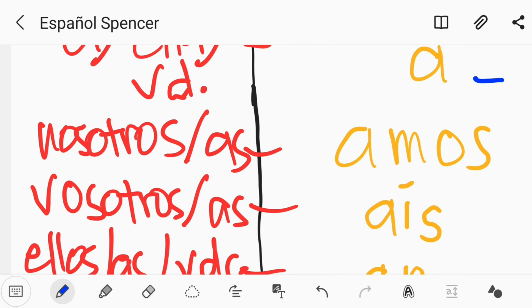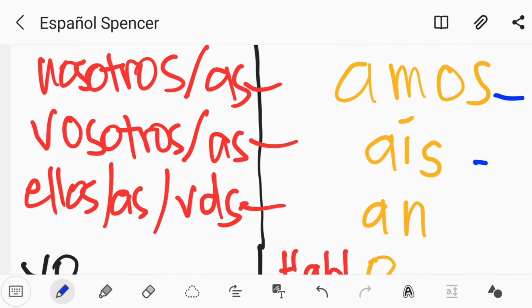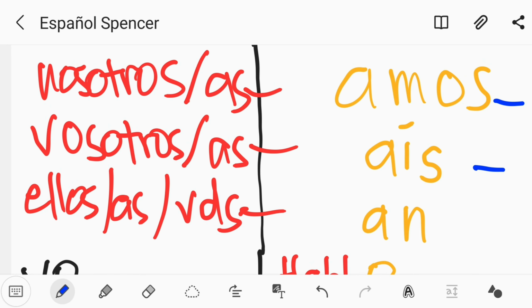Let's take the root word habl for hablar, and then we add amos, hablamos, we speak. Vosotros, we add áis, habláis. For ellos, they speak, we just add an, hablan.